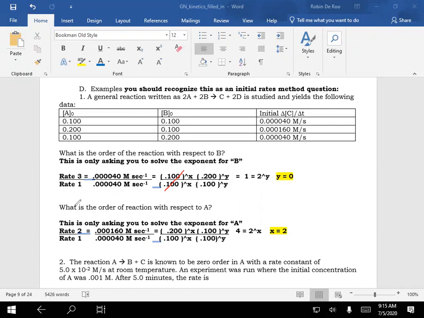Now the question is asking with respect to A. In this case, I chose rate 2 over rate 1, because this would cancel. When I do the math, I get 4 equals 2 to the x, and x must be 2. So this is second order with respect to A.